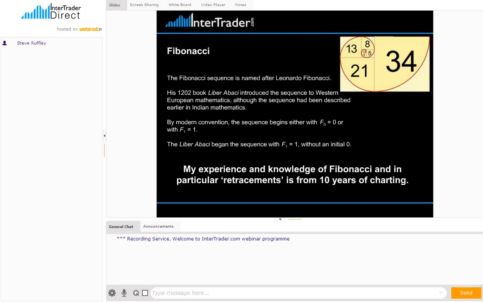It's all about principles of movement, and it happens in nature, it happens in maths, and the markets are essentially a lot of numbers. So it's something that helps us rationalize a complicated process by a fairly simple set of rules. So for me, Fibonacci, again, it's not about the numbers, it's about the retracements.